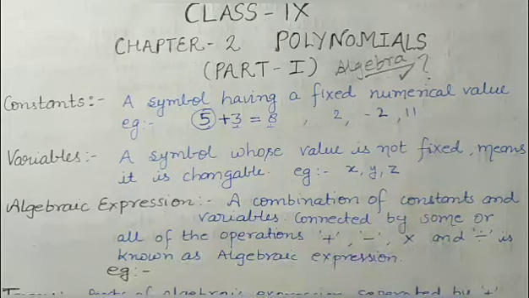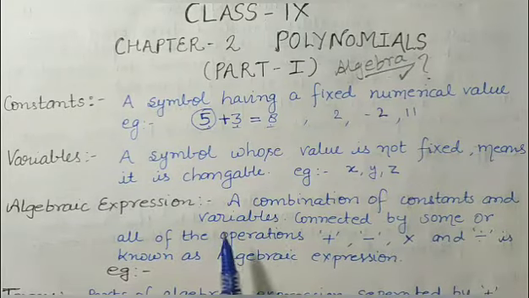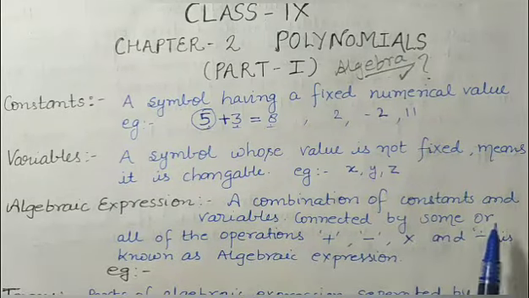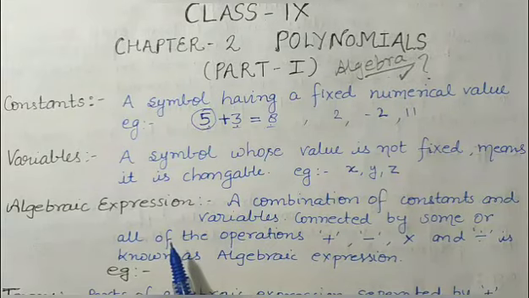Now our third topic is algebraic expression. A combination of constants and variables connected by some or all of the operations, addition, subtraction, multiplication and division, is known as an algebraic expression.